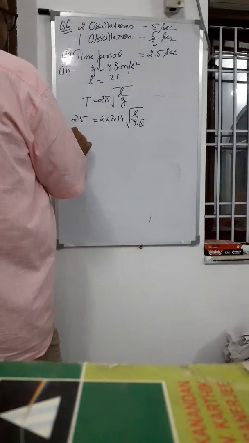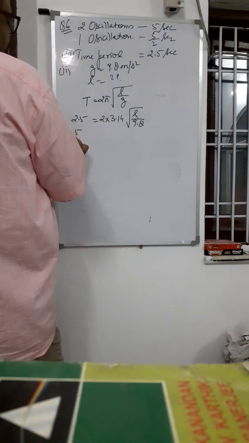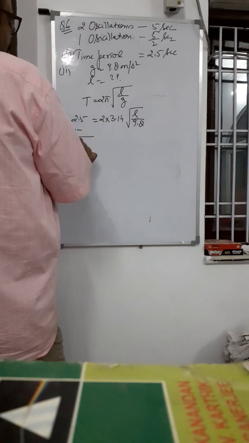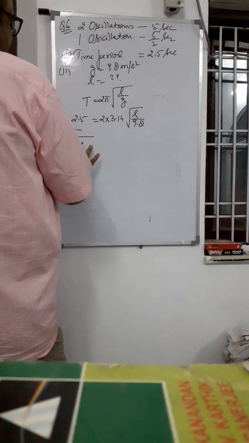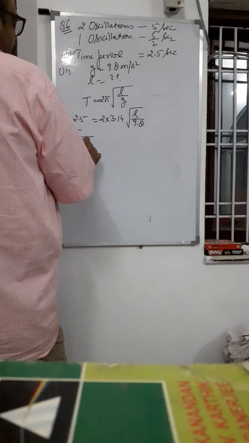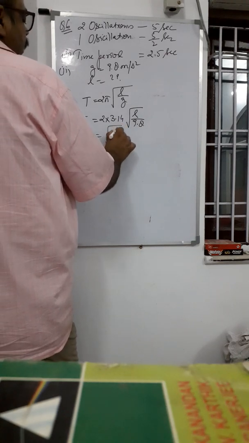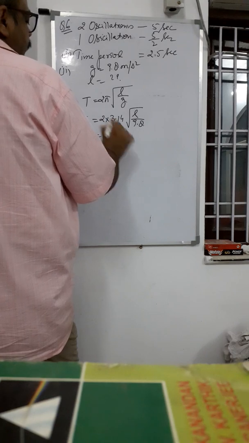This value we can divide: 2.5 divided by 2 into 3.14 is equal to under root L upon 9.8.